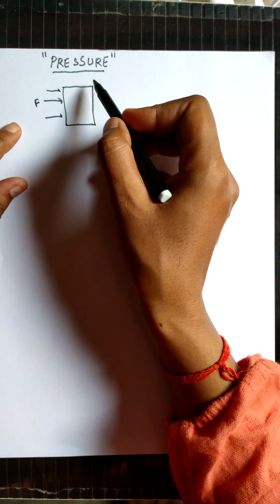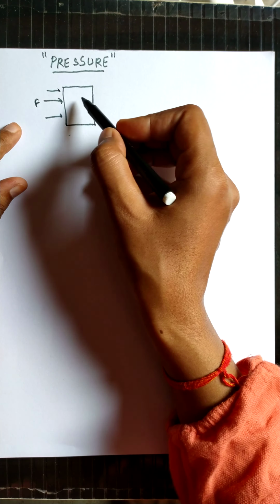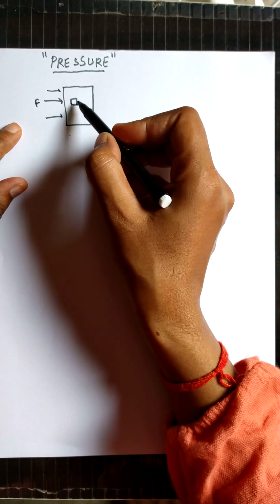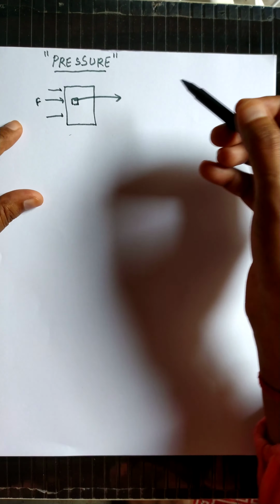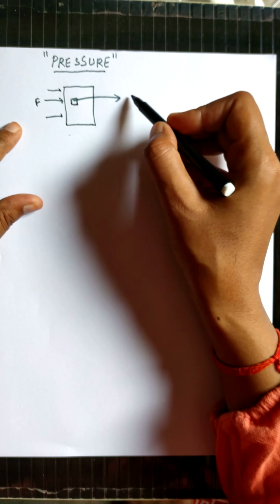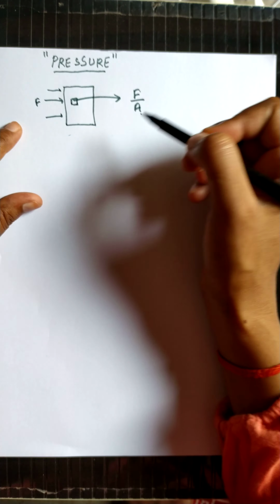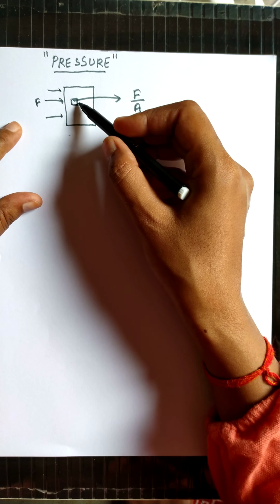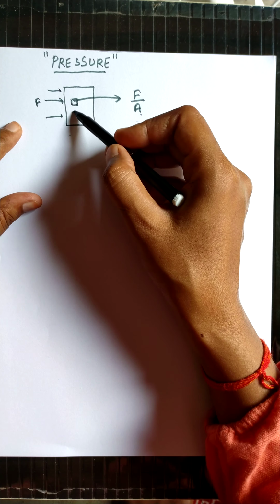It is not possible for us to measure the complete pressure of each and every part, so we consider a small unit area and calculate the pressure for this area. The pressure will be equal to force upon unit area, meaning force applied on the unit area.